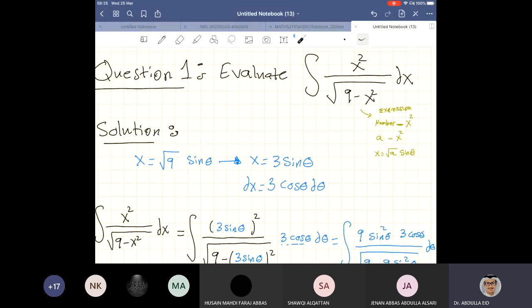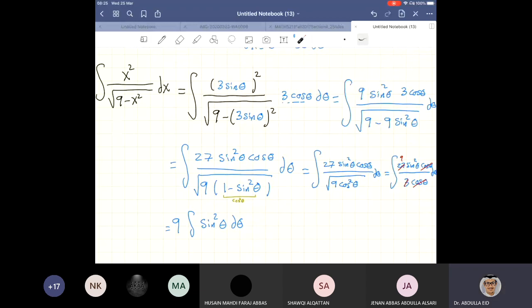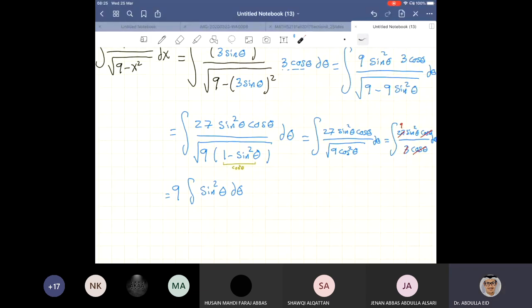Whenever you spot in the integral, especially inside a square root, a number minus x squared, you will use this procedure. Is that answering your question, Nu'man? Okay. Do you have any other question before we find the integral of sine squared?